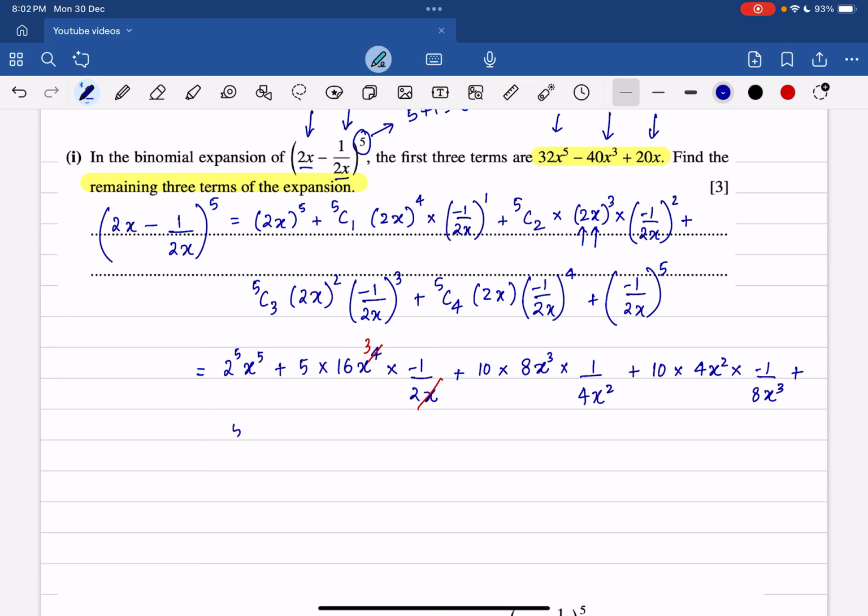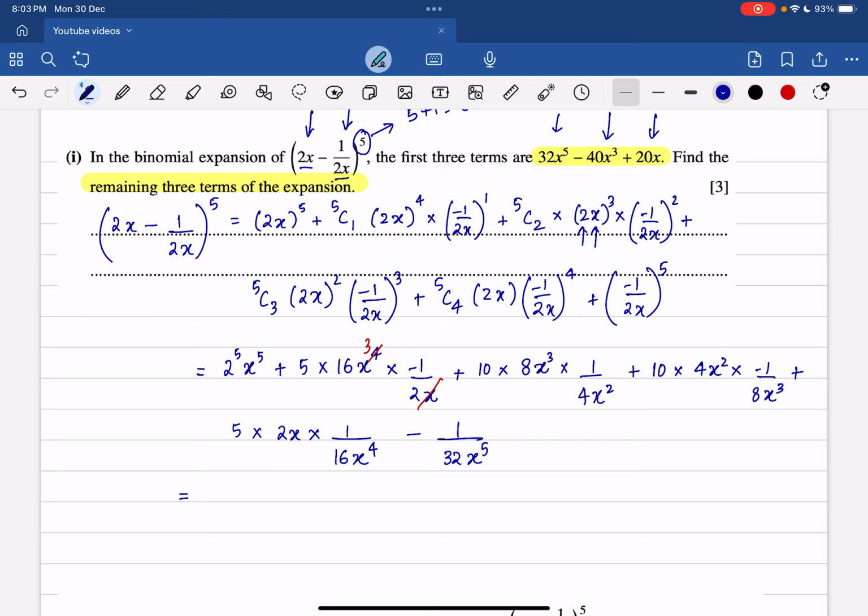Then you have 5c4, where you have 5 times 2x times 1 by 16x raised to 4, minus 1 by 2 raised to 5 and x raised to 5. 2 raised to 5 is 32, x raised to 5. Yes. Now we are going to simplify it so that we get the answer in one line.